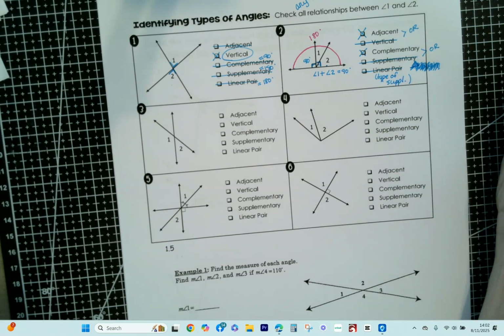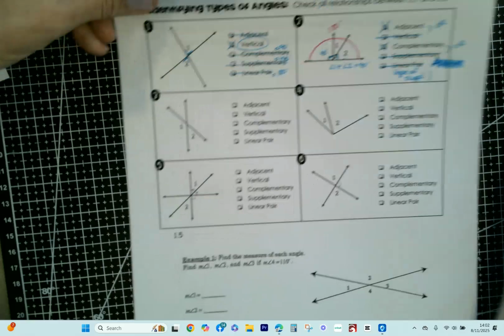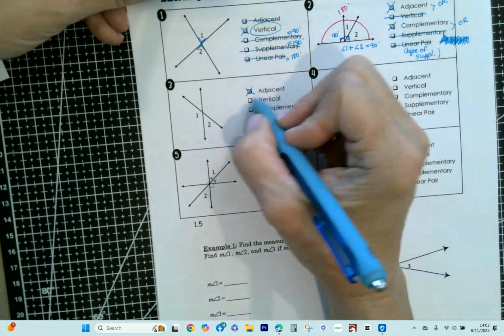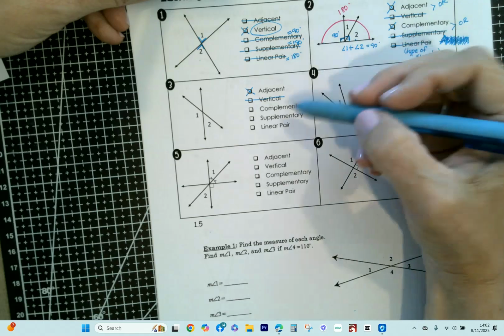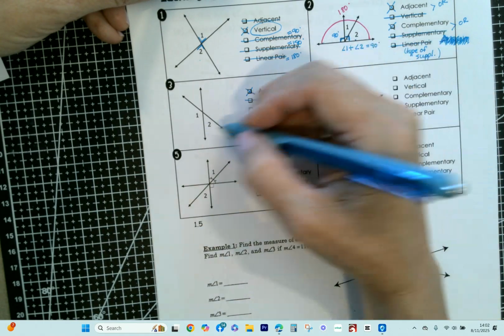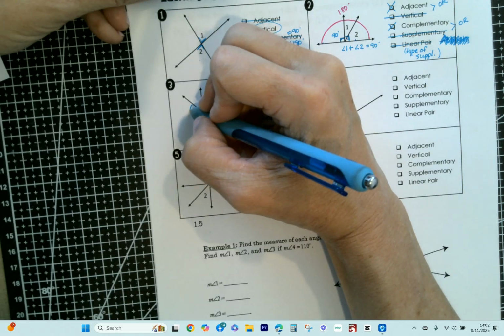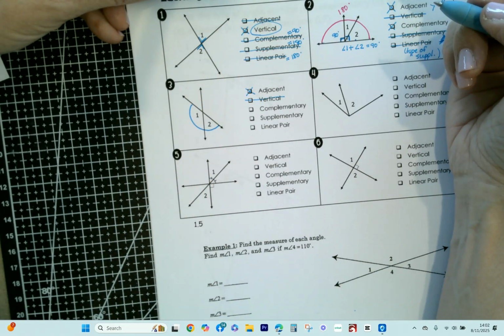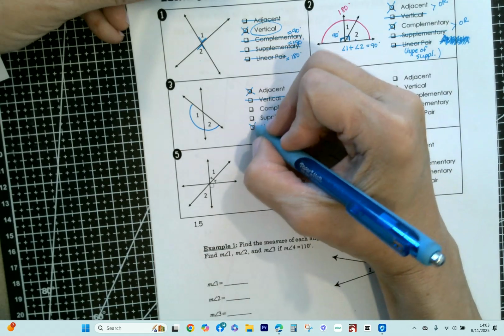All right, let's go on to number 3. I see 1 and 2. I see that they're next to each other, so they cannot be vertical. But I don't know if they're 90 degrees, doesn't look like it. But look, they're next to each other and they form a straight line, so they're a linear pair.